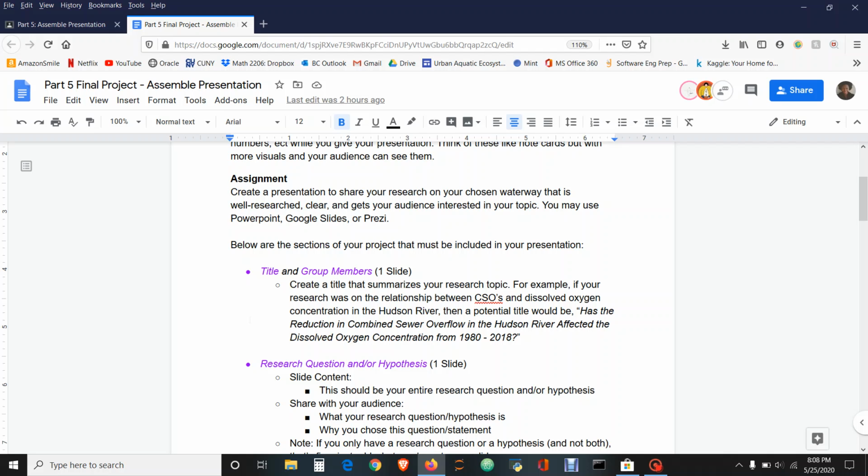Keep it simple. I gave an example: if your research is on the relationship between combined sewer overflows, or CSOs, and dissolved oxygen concentration in the Hudson River, then a potential title would be: Has the reduction in combined sewer overflow in the Hudson River affected the dissolved oxygen concentration from 1980 to 2018?